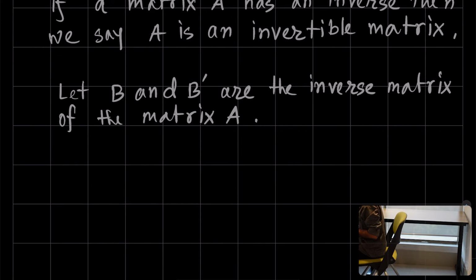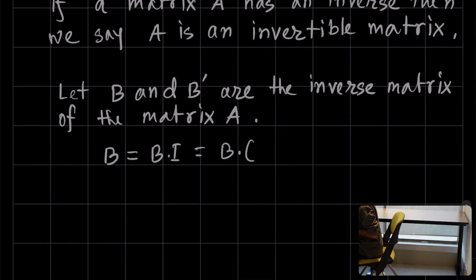So what I can do is write B, and B is equal to B with the identity matrix, right? And since this is an identity matrix, this has to be equal to what? A times B prime.